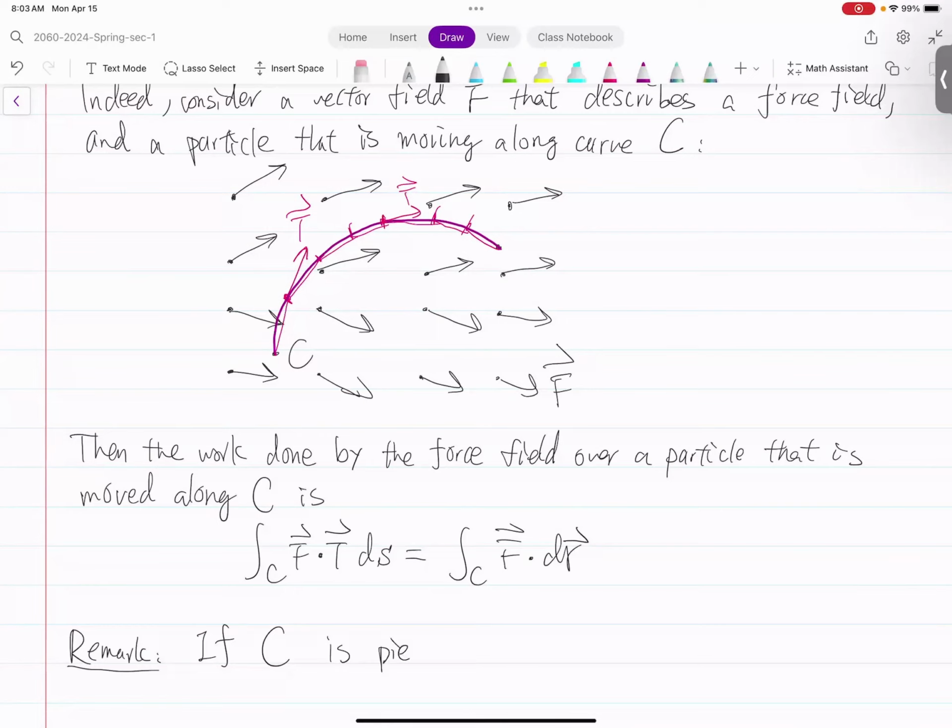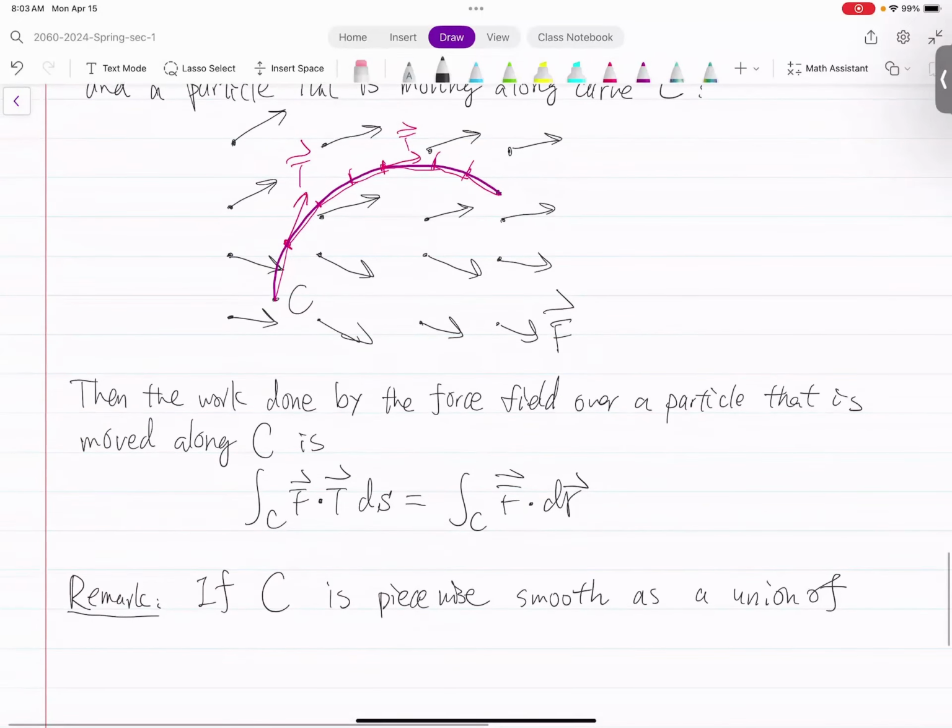So if it's piecewise smooth, there's a union of smooth curves C1, C2, all the way up to Cn.